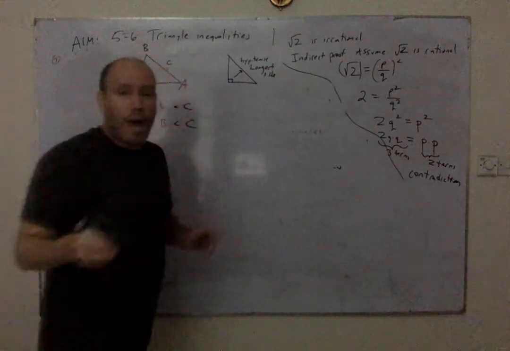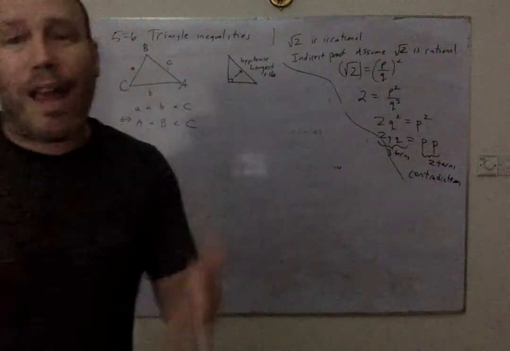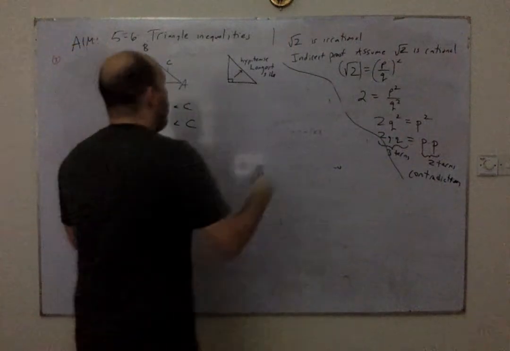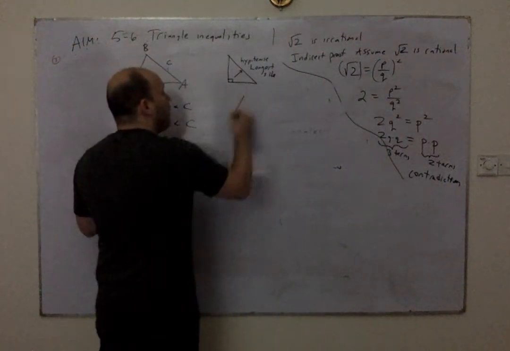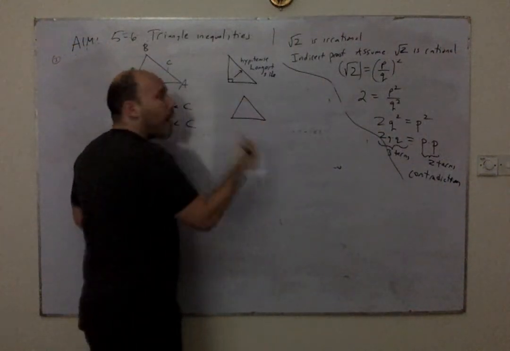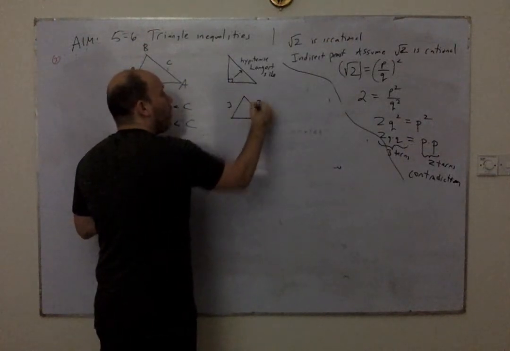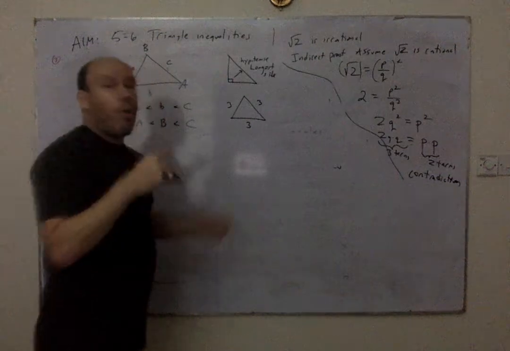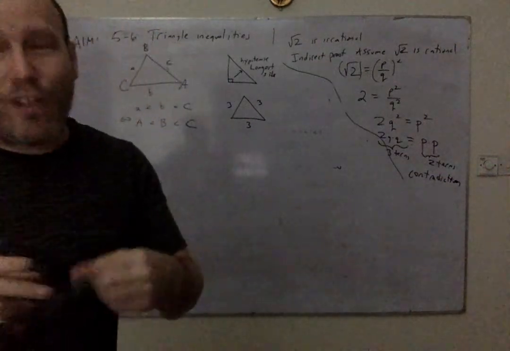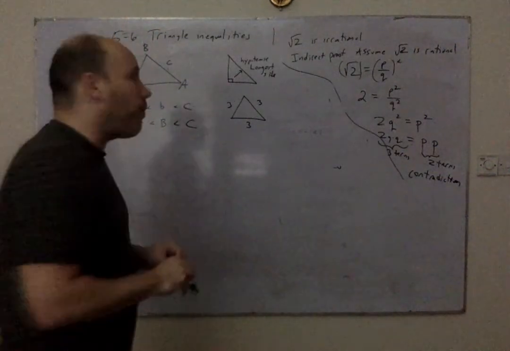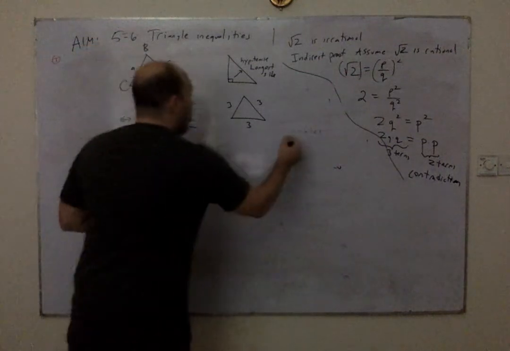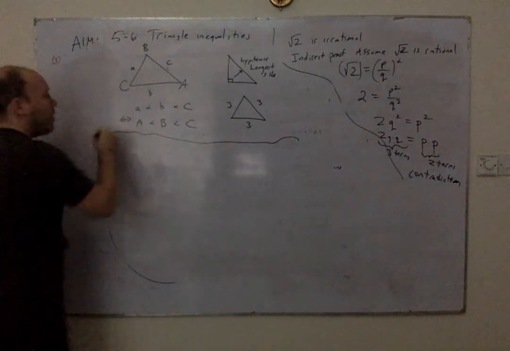And it's the longest side because it's opposite the biggest angle. We know that, so for example, in an equilateral triangle, let's say 3, 3, 3, because all the sides are equal, all the angles are equal. Kind of cool.